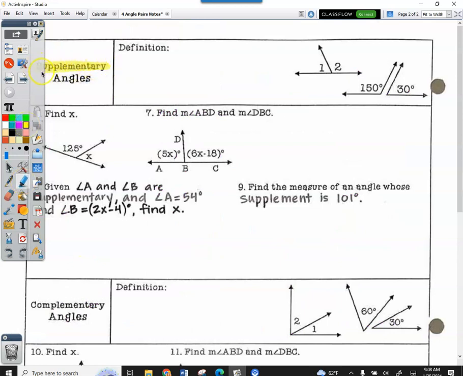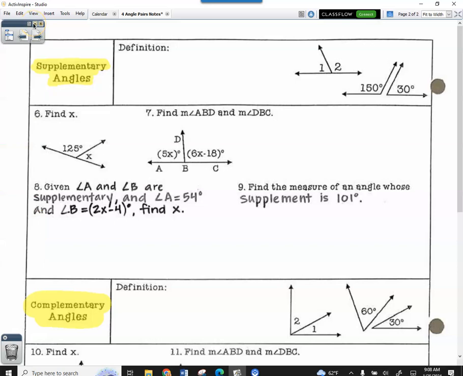Okay, take your highlighter. Let's highlight the last two vocab words. We've got supplementary angles and complementary angles. Supplementary and complementary.